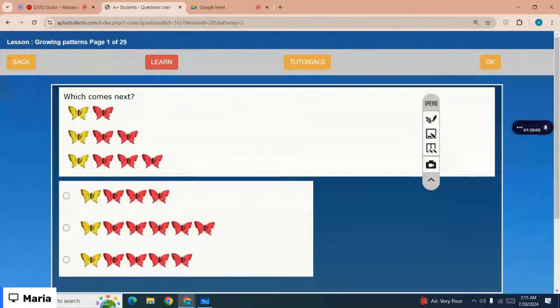One, two, three. The correct option is option number 3 is the correct option, right?